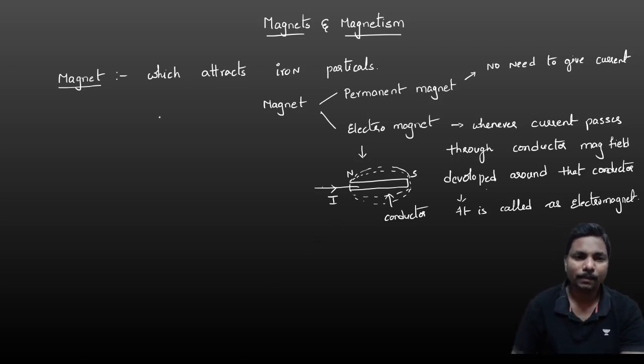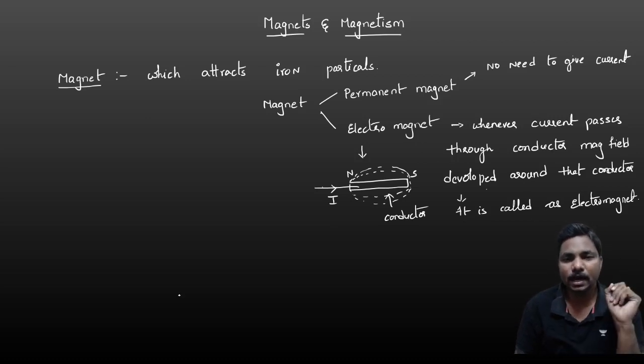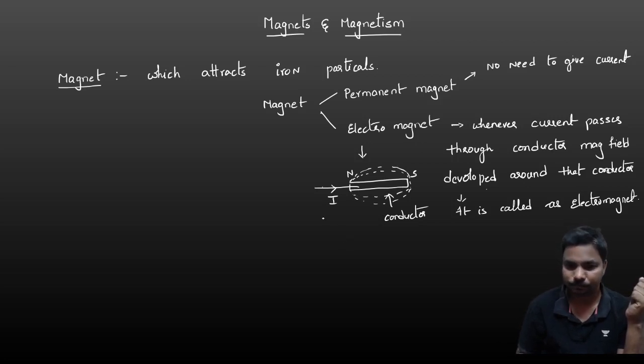So far, a magnet is nothing but something which can attract iron particles or which can produce magnetic flux. Magnets are of two types, permanent and electromagnet. Electromagnet is nothing but whenever there is a current passing through a conductor, it will act as a magnet. Whenever there is no current, it may not act as a magnet.